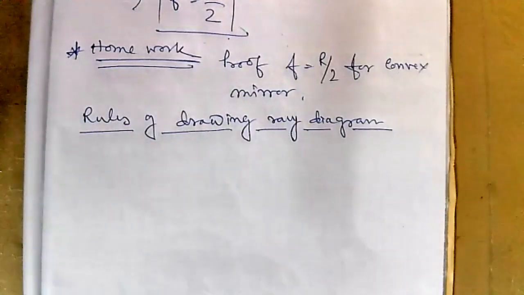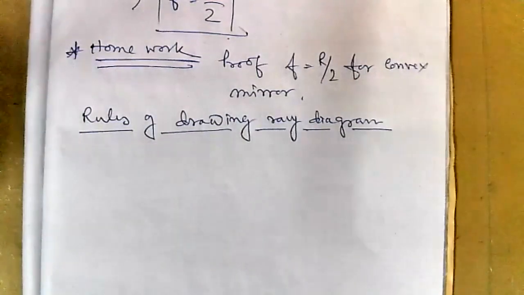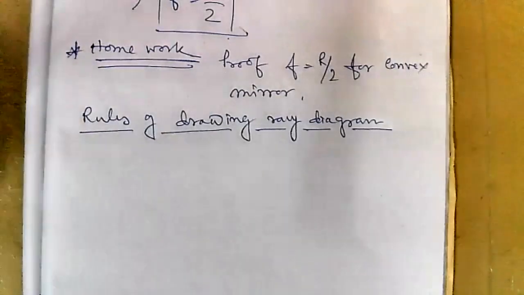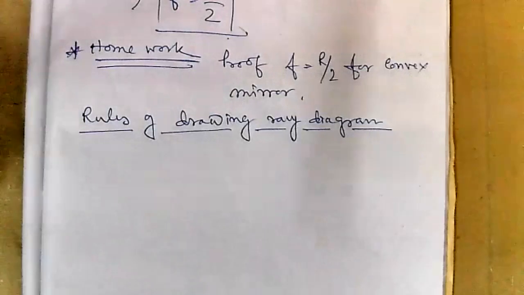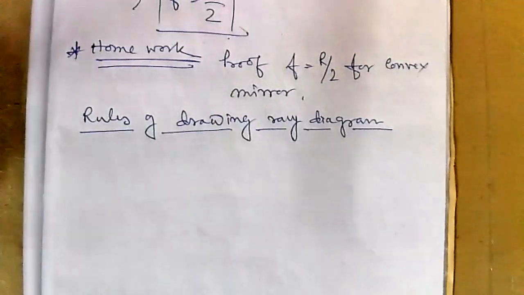The other chapters, like magnetic effect or magnetism, were theory wise only. So in that case, ray optics was the best chapter for marks. Here also you will get good marks in ray optics.